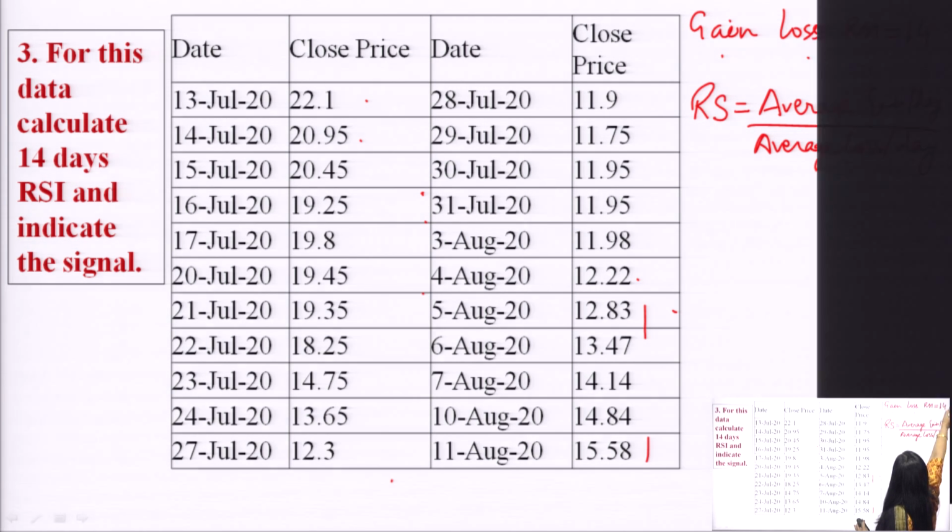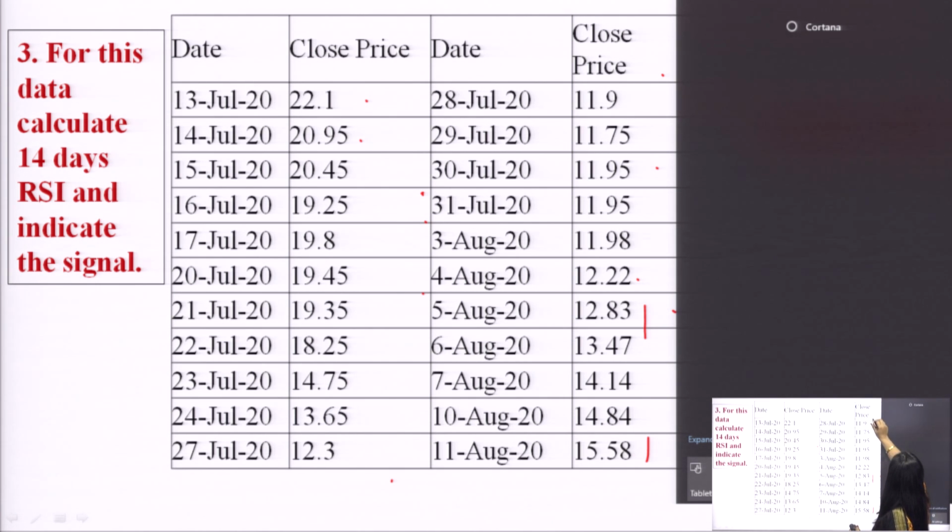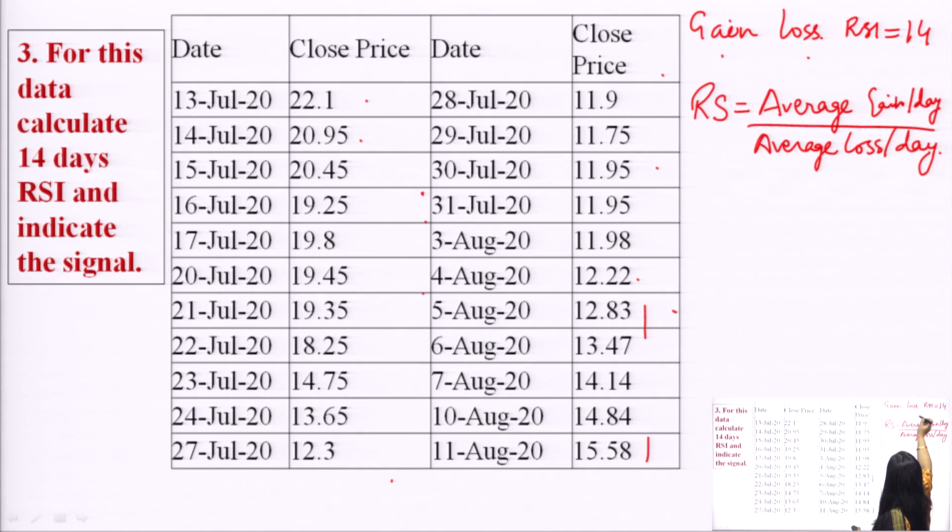So, we will take the sum of 14 days values, and then we will calculate average gain per day, average loss per day, and we get the relative strength, and then we put this in the formula: 100 minus 100 upon (1 plus RS).